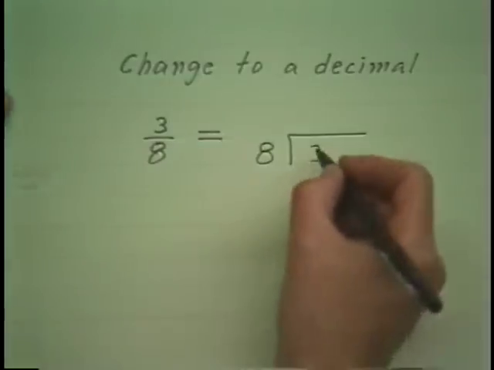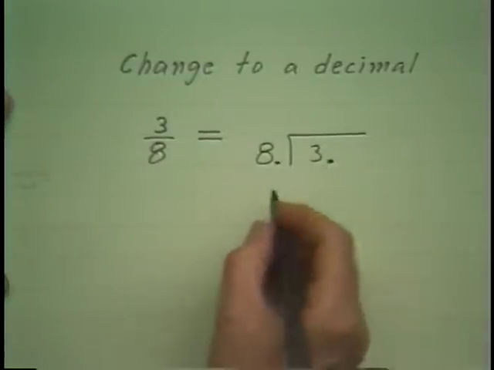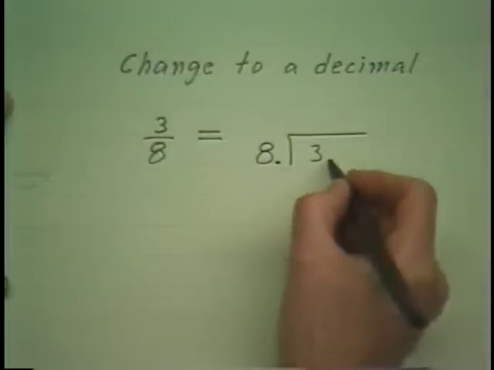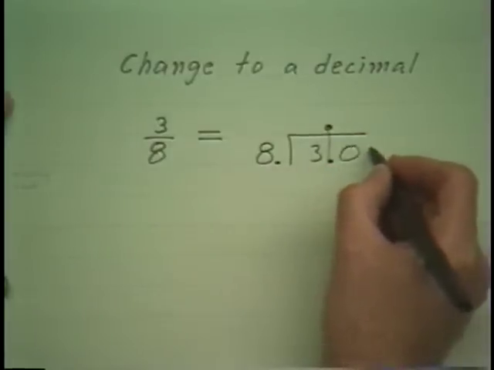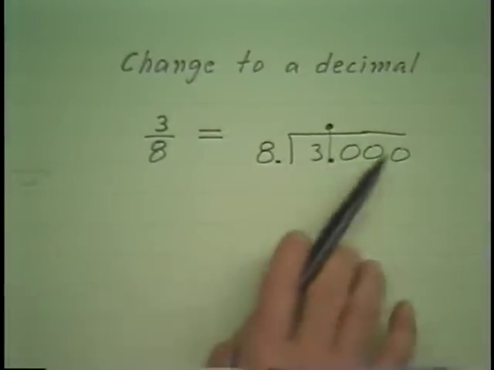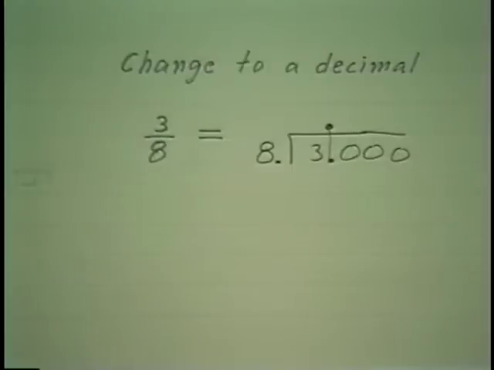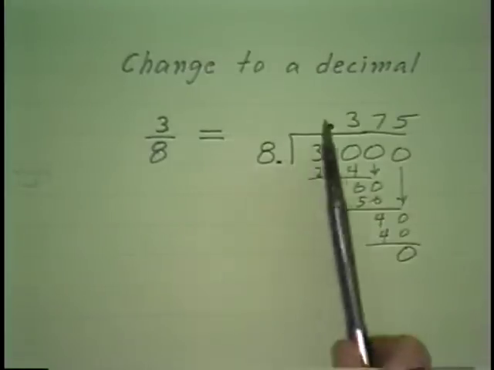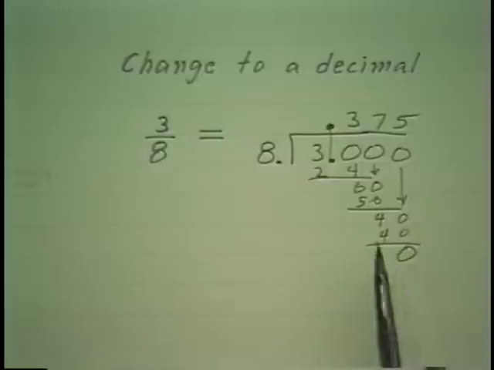And then we recall the decimal points on the end of whole numbers. Since I'm dividing by a whole number, this decimal point goes straight up. I can append as many zeros as I wish, and then simply divide. And to save you time, I'll do it separately. And we find after 3 divisions, it comes out evenly.